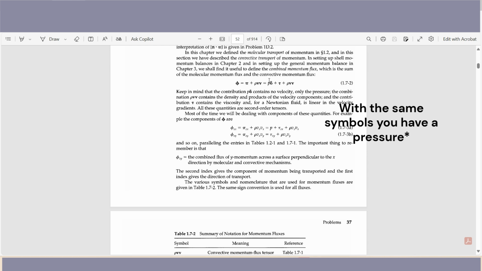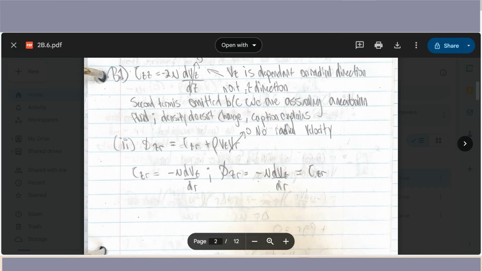If you look up here, it's pressure times the sigma, and the sigma equals 1 when the symbols are the same, and the sigma equals 0 when the symbols are different. So when the symbols are different, the sigma equals 0, and then the pressure just disappears from the expression. So momentum flux in the xz direction is tau xz plus rho vx vz. That's kind of just a long-winded extra explanation.